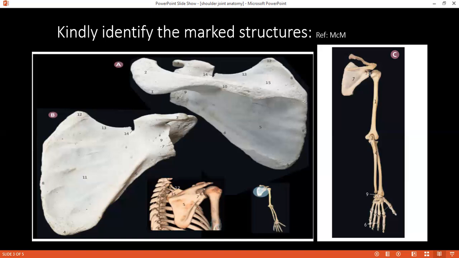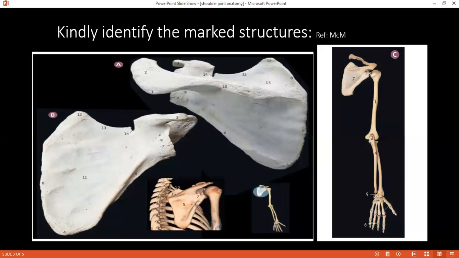Can you please tell me where this shoulder joint is weakest? It is weak at the inferior aspect due to deficiency of capsule and deficiency of muscles, and the presence of the quadrangular space.